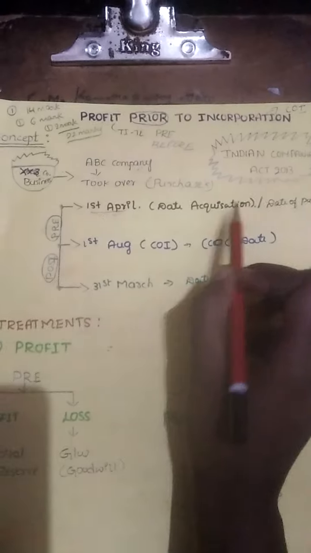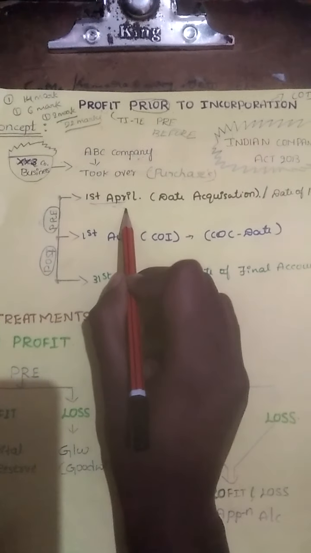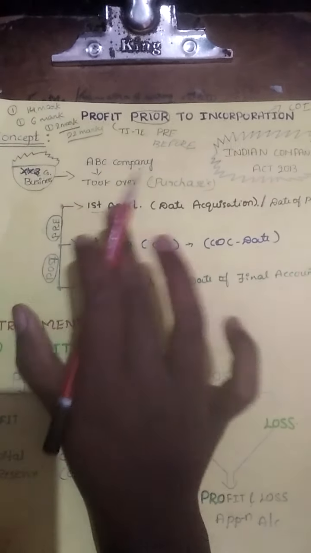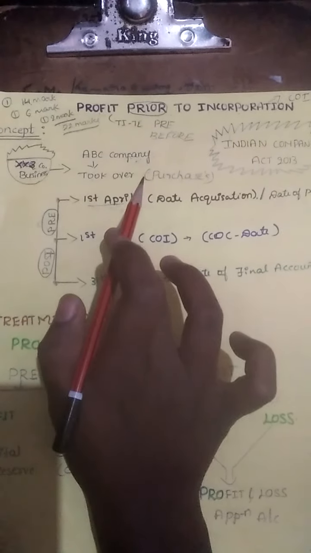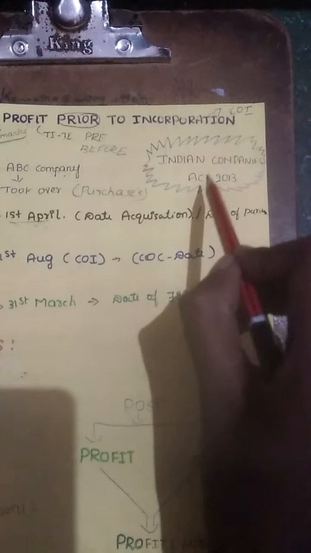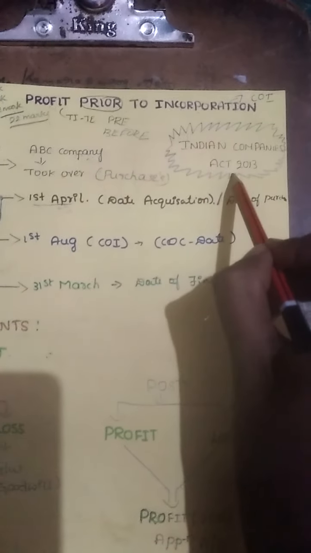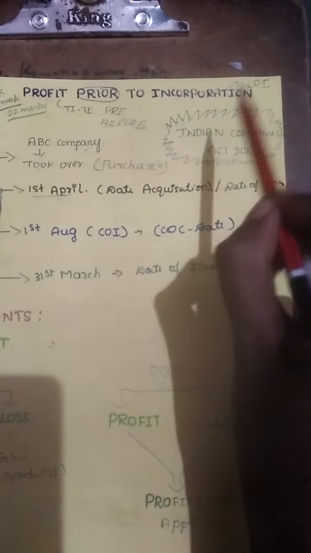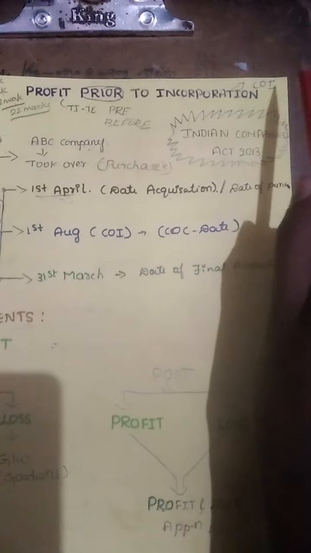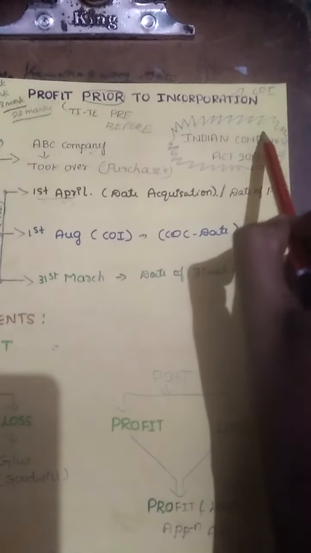After the purchase, the company is not able to start its business, because according to the Indian Companies Act 2013, the company should receive the certificate of incorporation to start the business.